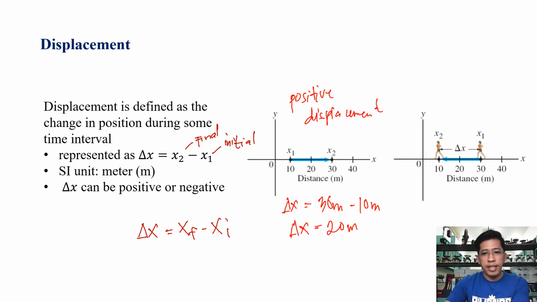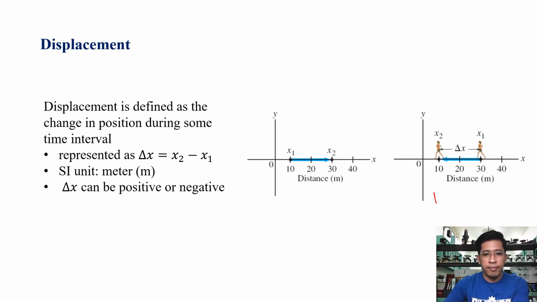On the next figure, we can see that the particle started at x equals 30, and then it goes to x equals 10. Calculating the displacement for the particle here, you have delta x equals 10 meters minus 30 meters.